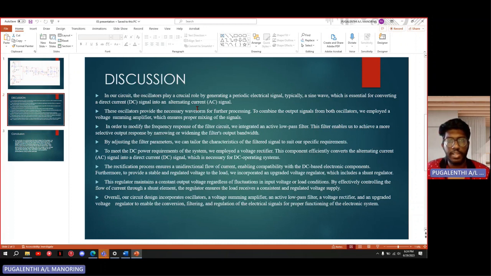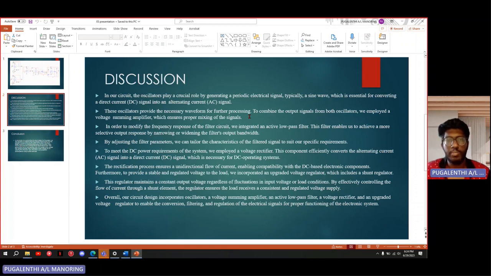In order to modify the frequency response, we integrated an active low-pass filter. This filter enables us to achieve a more selective output response by narrowing or widening the filter's bandwidth. By adjusting the filter parameters, we can tailor the characteristics of the filtered signal to suit our specific requirements.